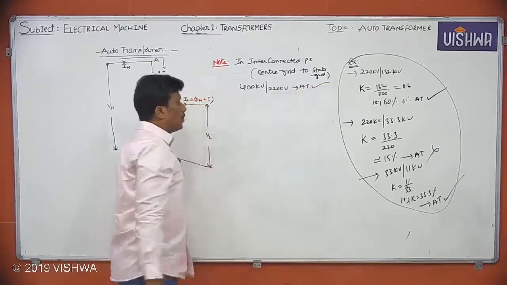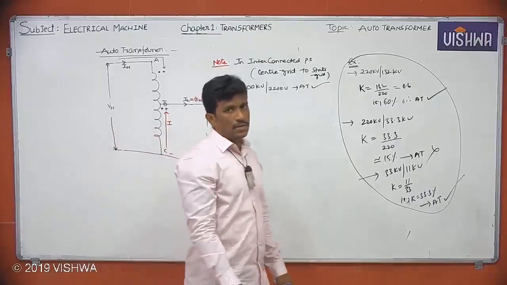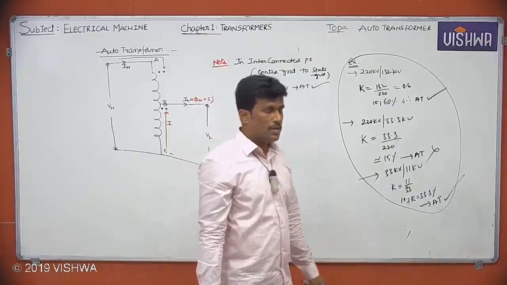If you want, you can check 220 by 400 kV. Just substitute, and you'll get a K value greater than or equal to 33.3%. So an auto transformer can be used.